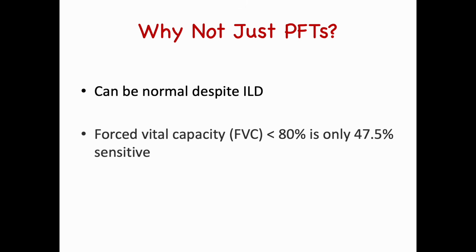So, why not just PFTs? It's important to understand that pulmonary function testing can stay normal despite the presence of an interstitial lung disease. And if you are using a relative drop in the forced vital capacity less than 80%, then the sensitivity of this to detect an ILD is only 47.5%, which means that a patient might drop from a supernormal earlier, say 115 at baseline, and now he may be 85.